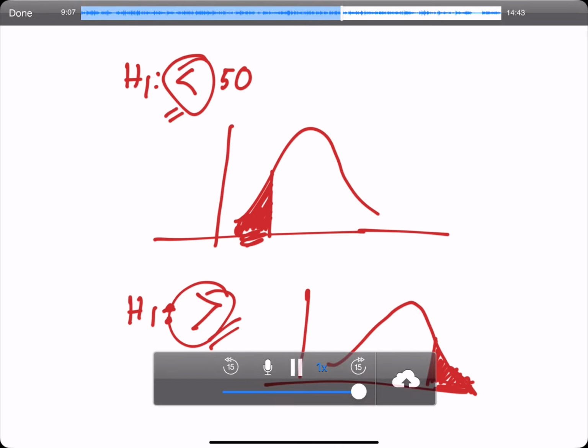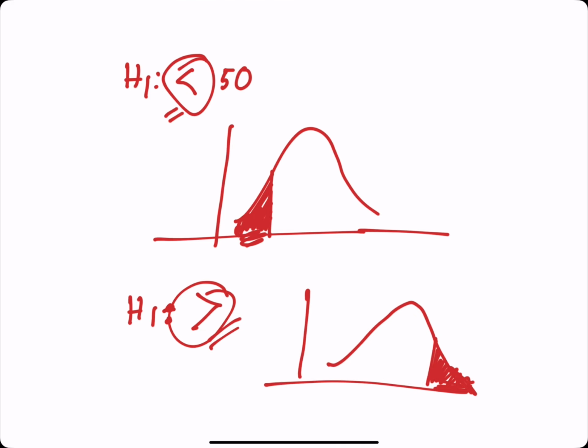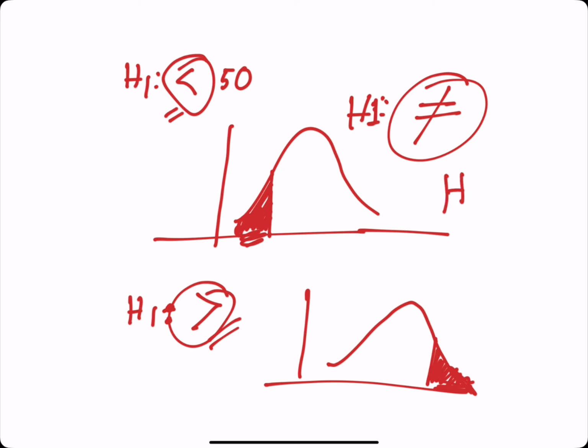So in summary, the rejection region for a two-tail test lies on both sides, and you can identify it by the not-equal-to sign in the alternate hypothesis. For a one-directional or lower tail test, the rejection region is only on the left side, and you can identify it by looking at the alternate hypothesis when you find a less-than sign.